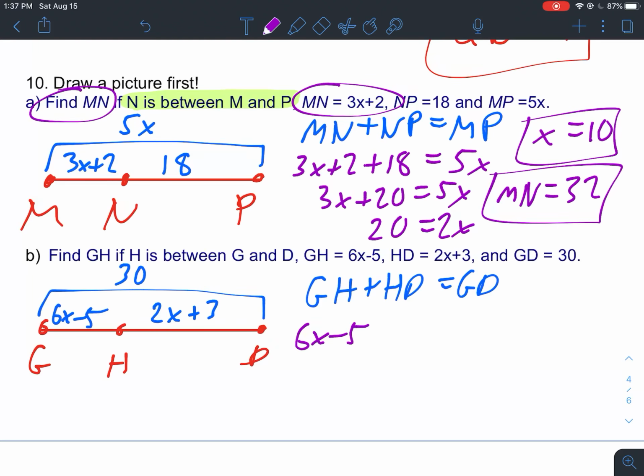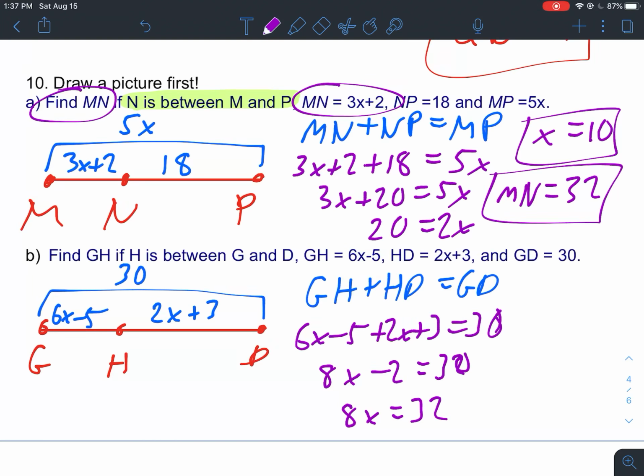Substituting, we get 6x minus 5 plus 2x plus 3 equals 30. Combine like terms, we get 8x minus 2 equals 30. Add 2 over, we get 8x equals 32. And divide by 8, we get x equals 4. But again, that's not what the question's asking. It's asking for GH. So GH is 6 times 4 minus 5, which is 19.